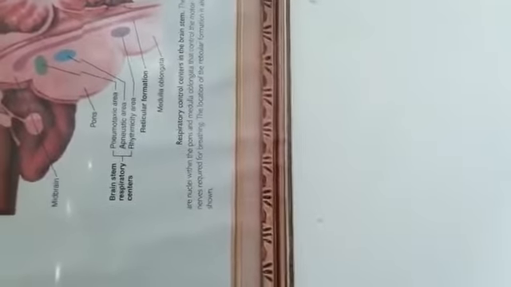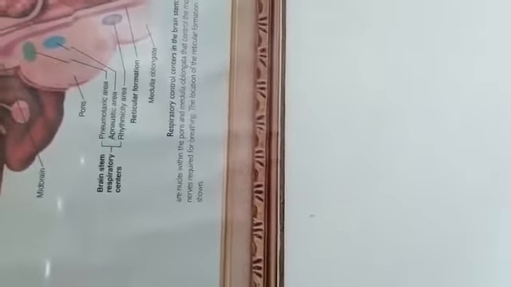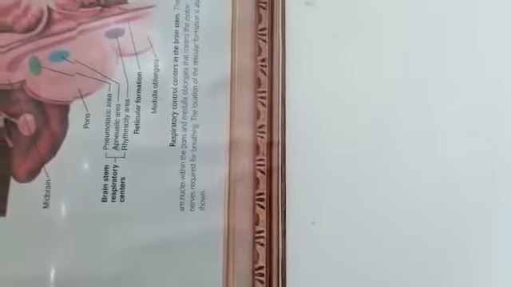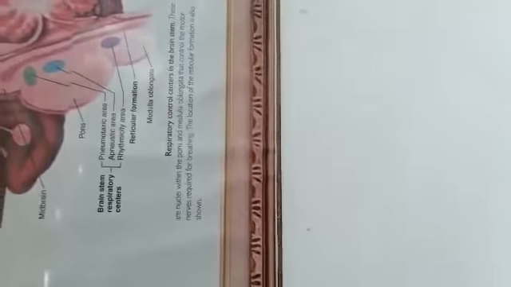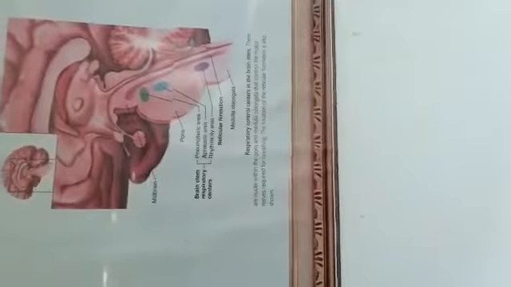And in this way, this center controls the rate and depth of breathing. The other center which is not shown over here is the cardiovascular center which is located in the medulla oblongata. This cardiovascular center controls the rate and the force of the myocardial contraction, heart rate, as well as the force of the myocardial contraction.